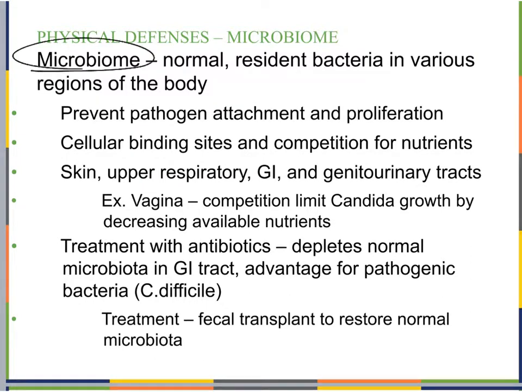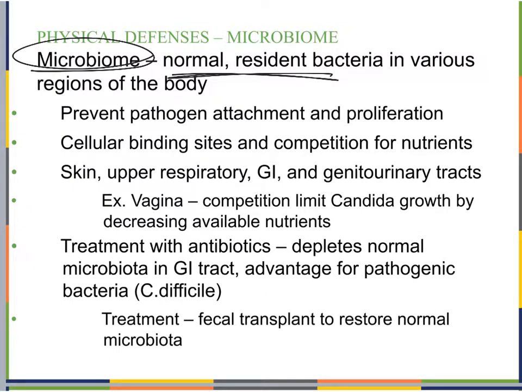So then our last physical defense we're going to talk about is the microbiome, and we've spoken a lot about this, but a refresher is that these are normal resident bacteria that are in various regions of the body, and that they are going to prevent the pathogen from attaching. So again, if we have good healthy competition inside of our body, on our skin, in different areas where we have a lot of bacteria, which is everywhere, but not everywhere, we just said cerebrospinal fluid is sterile.